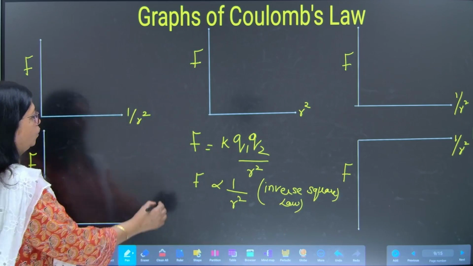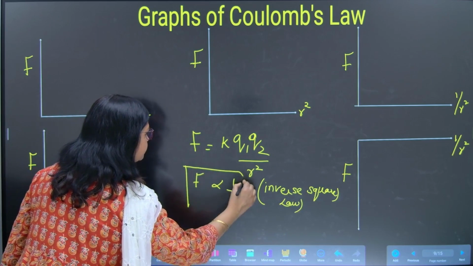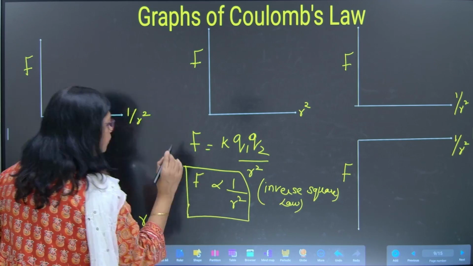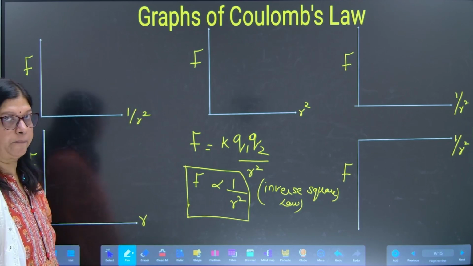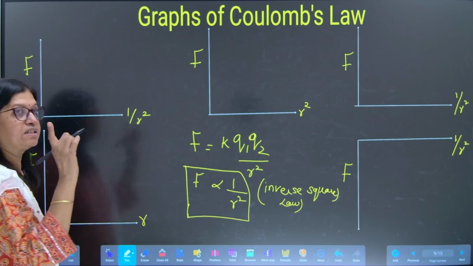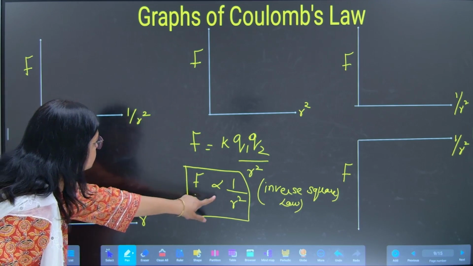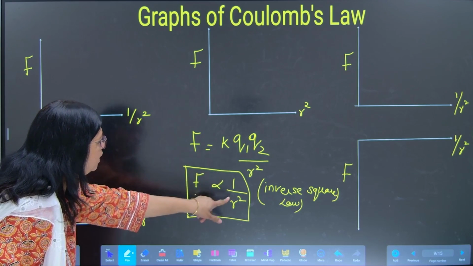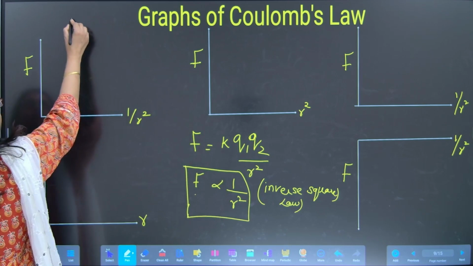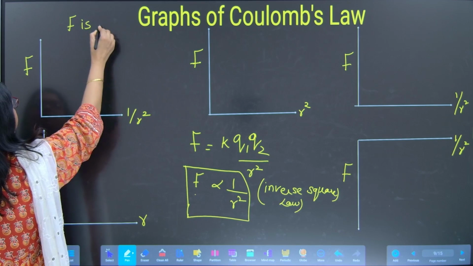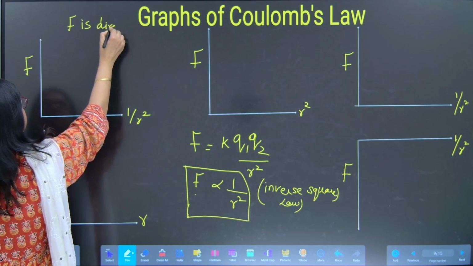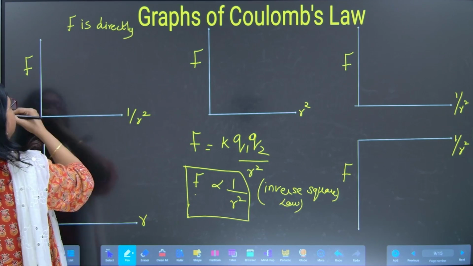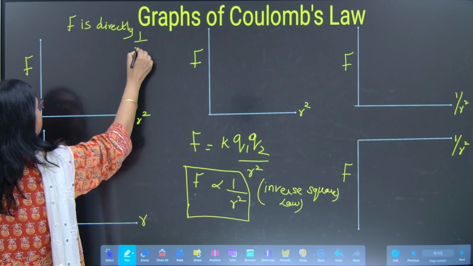Okay. Now, concentrate on this proportionality, which can be read in many ways. Let us read the first method. Force is directly proportional to 1 upon R square. If I use the word directly, then it is definitely proportional to 1 upon R square.